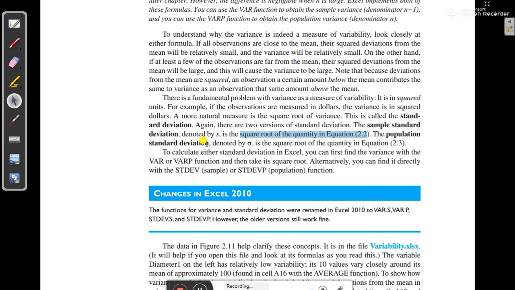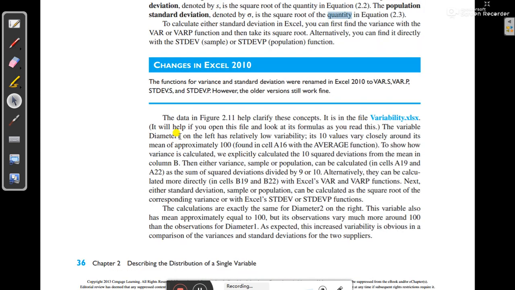Population standard deviation is denoted by sigma, and sample standard deviation is denoted by s, and both are the square root of the variance, the sample variance or the population variance. So in that way we find the standard deviation.